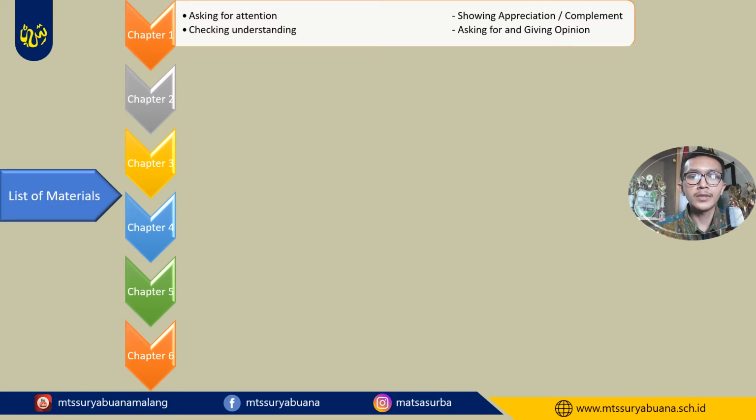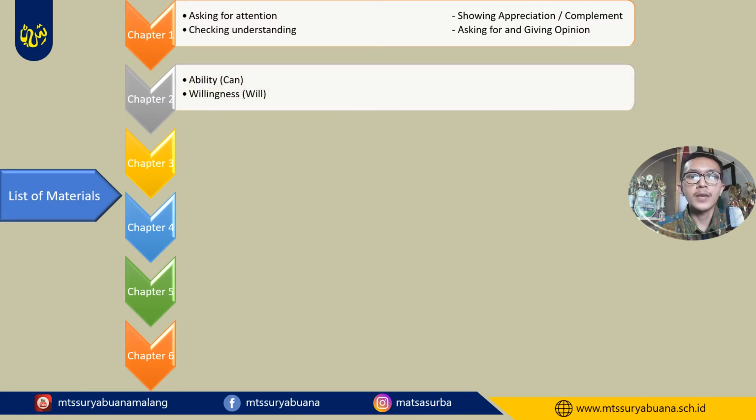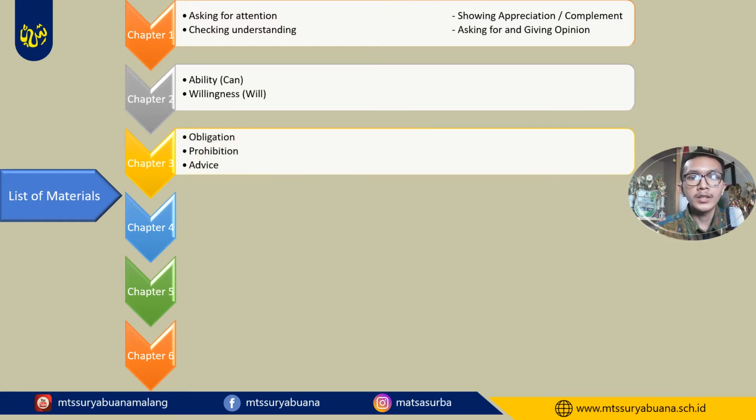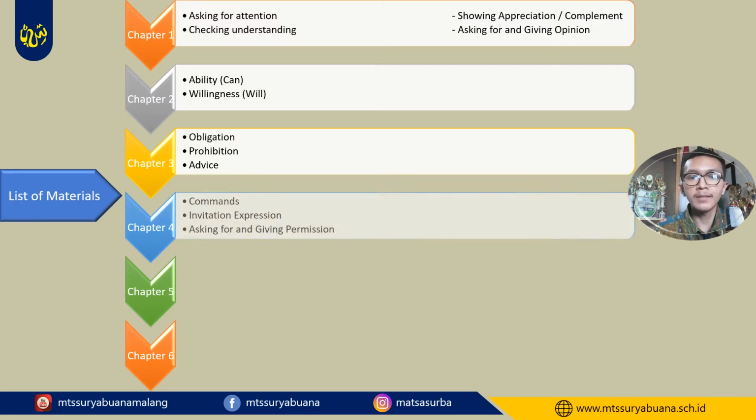And the list of the material for chapter 2: ability or can, and then willingness, this is about will. For chapter 3, obligation, prohibition, and also advice or suggestion. Then chapter 4, there are commands, invitation expression, asking for and giving permission.